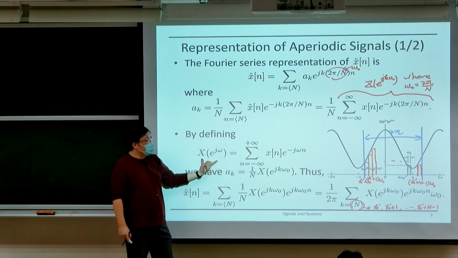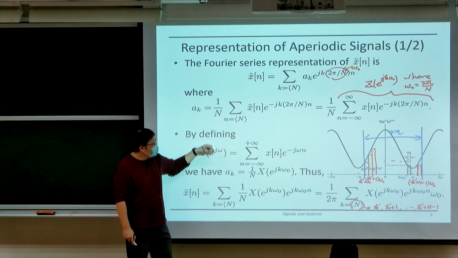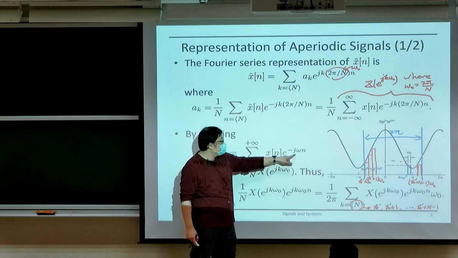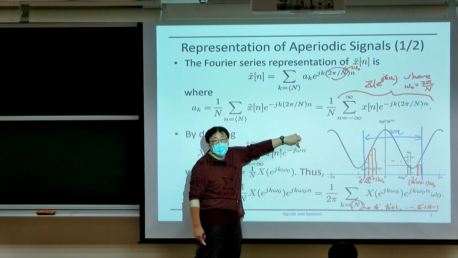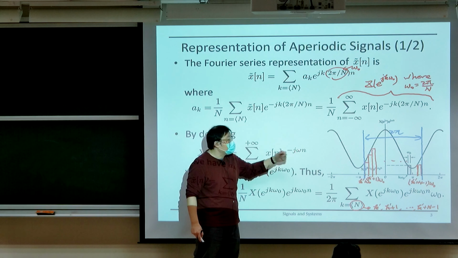Similarly, you can show that this is also periodic with period 2 pi, because if you substitute omega plus 2 pi inside, when multiplied with the integer n, it is the same as omega n.